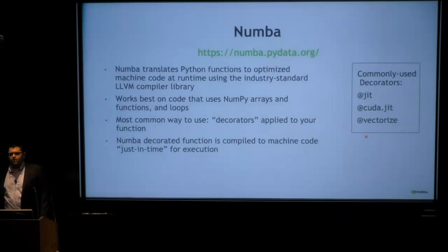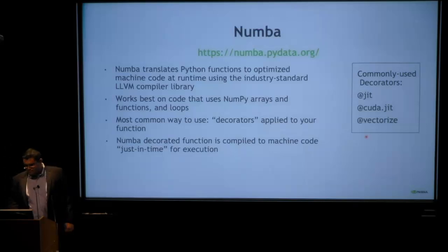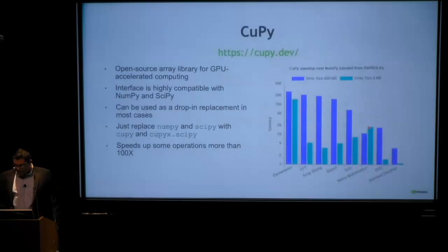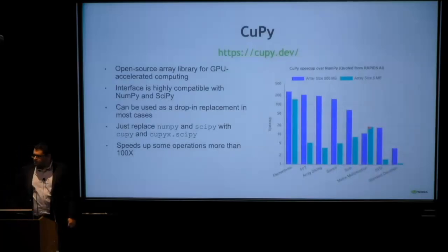That's a detailed question, and something I'd have to think about. I don't know that one off the top of my head. When I've used Numba, it's not for super long-lived kernels where you're going to have data persisting on the GPU.